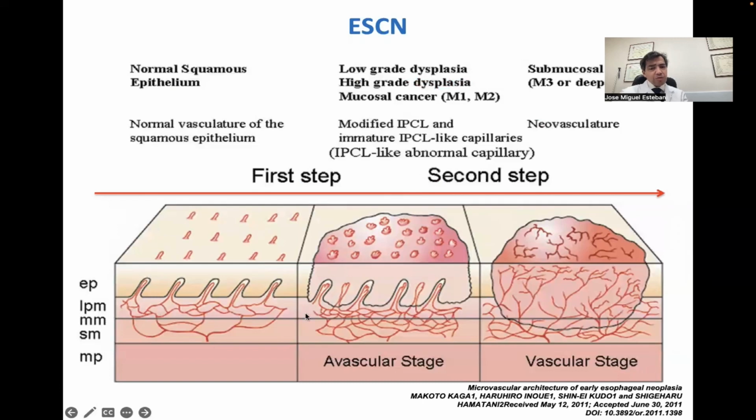Because depending on this, there will be a vascular change with the modified IPCLs with some grades of irregularity in low grade, high grade, or mucosal cancer M1 or M2. But if there is a vascular change, the affection will be deeper, M3 or submucosal.